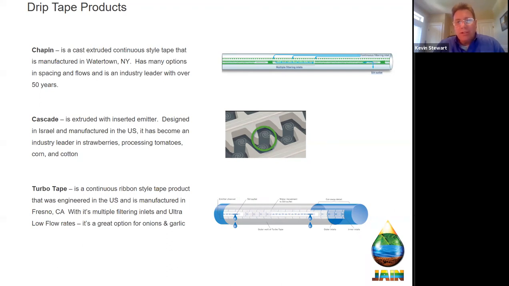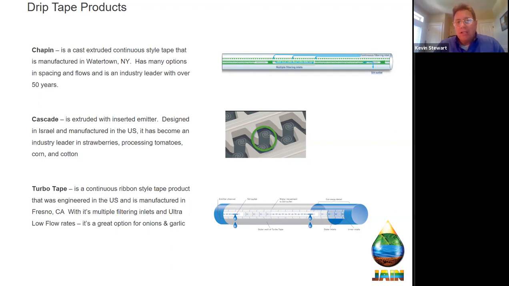So you've got filtration built right within the tape on both sides of the emitter pathway. Each one of those inlets acts as a filter, and you can plug an inlet and be just fine. You can plug multiple inlets and be okay. It's when you plug inside the emitter pathway that it becomes an issue.